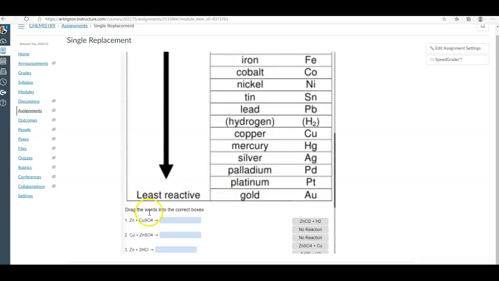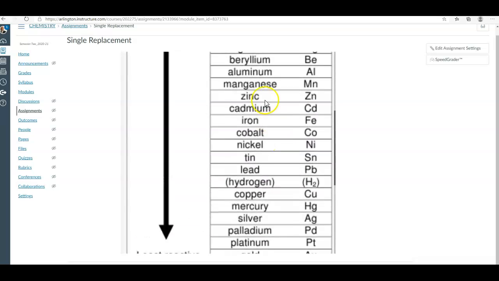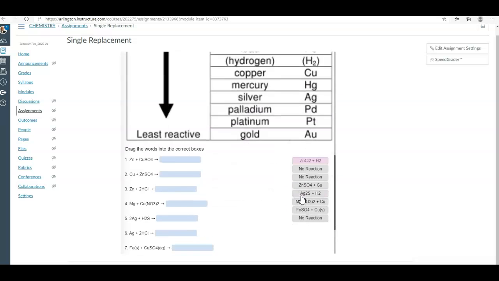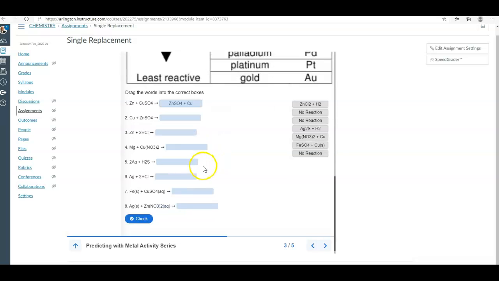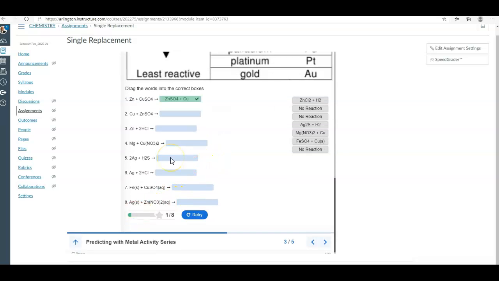So here we're going to look at zinc and copper. Zinc is up here and copper is at the bottom. So zinc is higher in the activity series than copper. Therefore, zinc can replace copper. In that case, it becomes zinc sulfate plus copper. So I'm going to move this zinc sulfate here, and then copper. So that will be the product of that reaction.